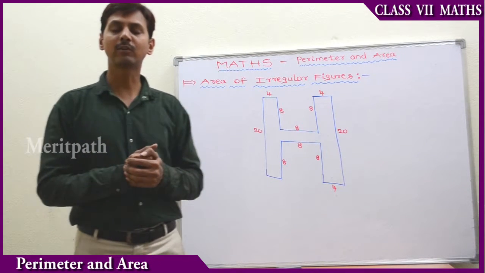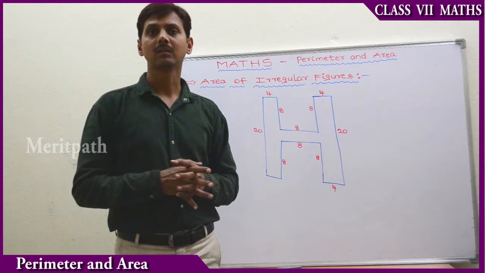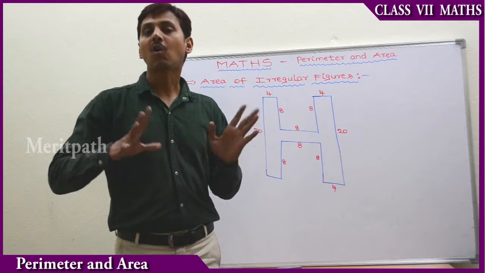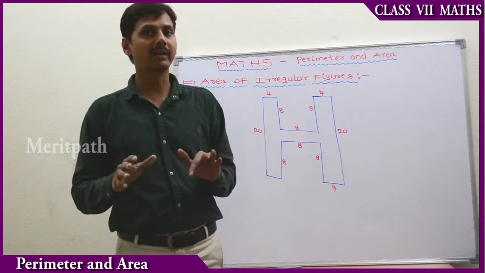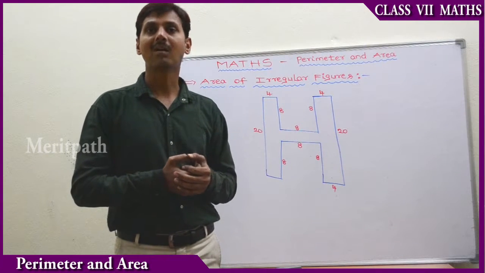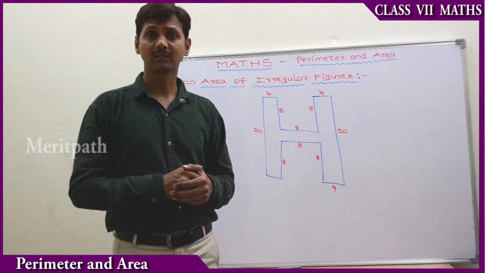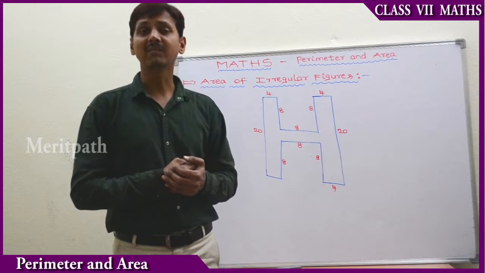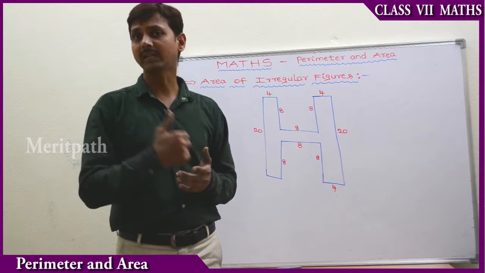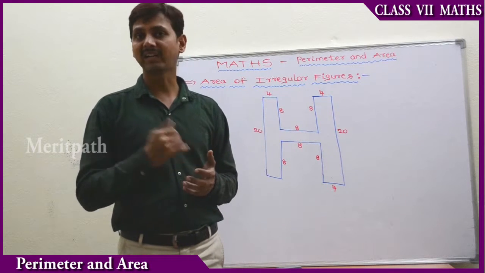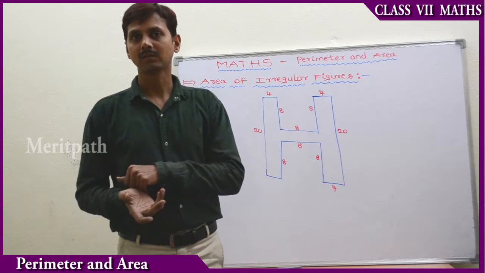So let's recall. An irregular figure is one which has all the sides and angles different. Suppose, for example, if a polygon has all sides equal or angles equal, then we say that is a regular figure, and an irregular figure is the opposite.